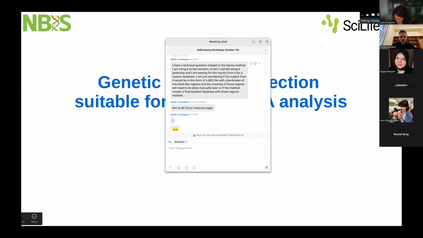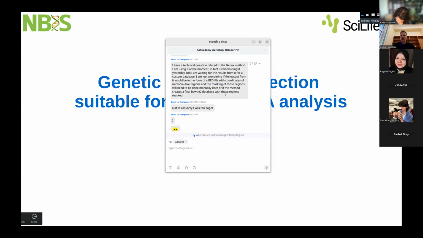I'm just wondering if the output would be in the form of a bed file with coordinates of microbial-like regions, and the masking of those regions will need to be done manually later, or if the method creates a final Bowtie 2 database with those regions masked.